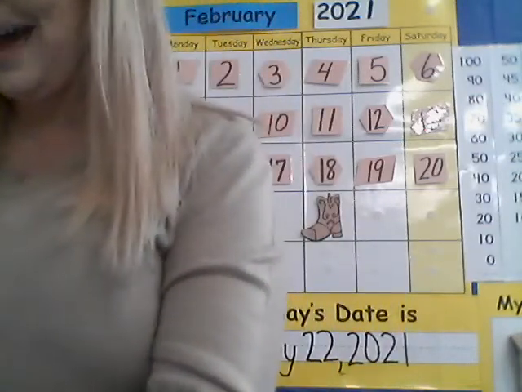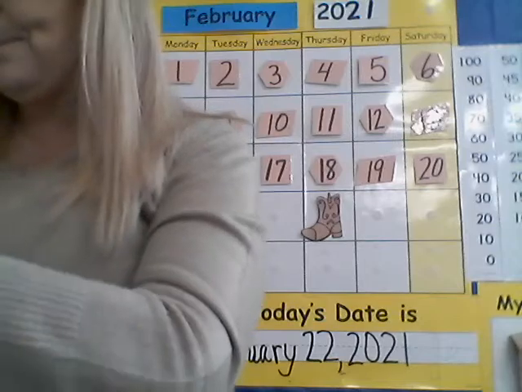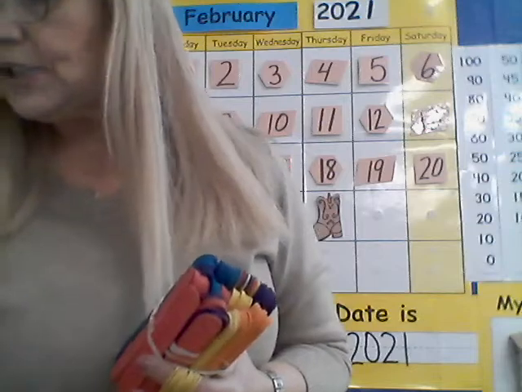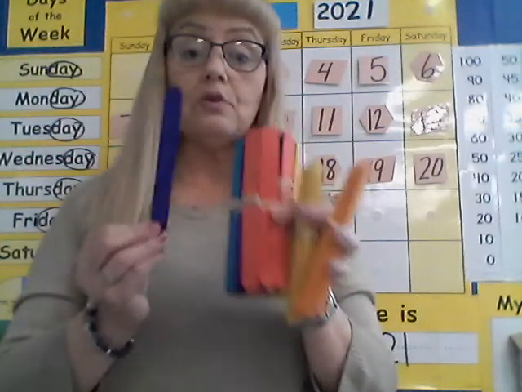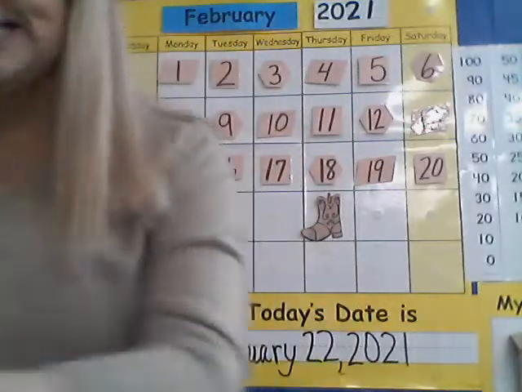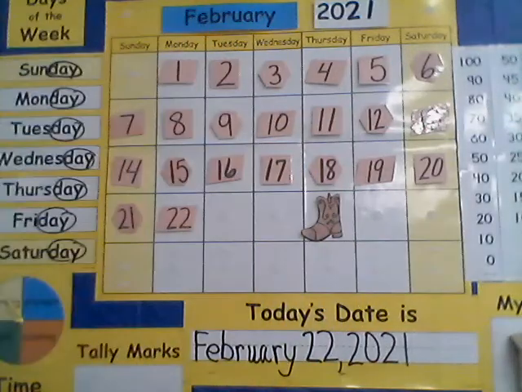Let's draw out our great big bundle of 100s, followed by Mr. 10. So 110, 120. Now we need Mrs. Ones. 121.